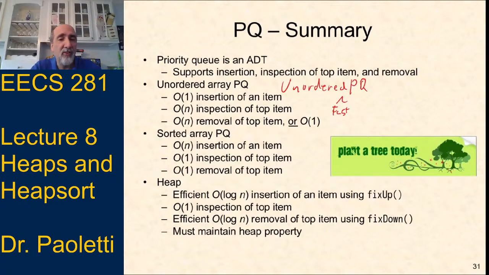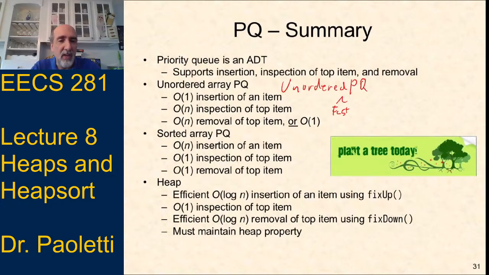So that's how fast gets O of 1 removal of the top item: top remembered it. How did it remember it? Wait a minute. Top is a const member function. Const member functions can't change member variables unless that member variable is mutable. So unordered fast PQ uses a mutable member variable.